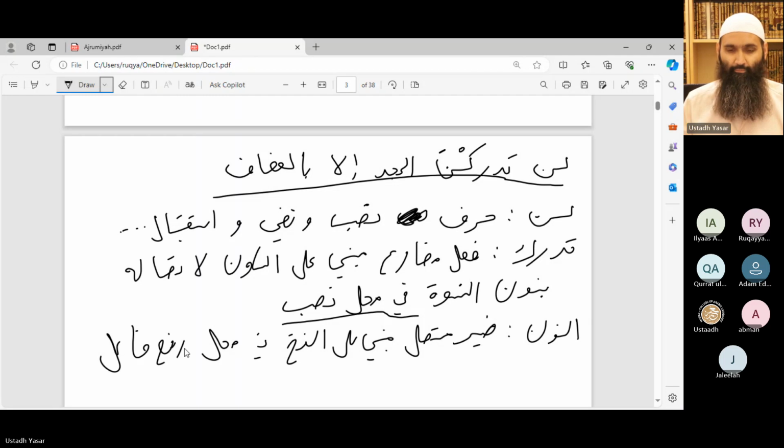The noon here, the noon niswa, it is the fa'il. Damirun muttasilun mabniyun ala al-fath, as you can see. Fi mahalli raf'in fa'il. Al-majda is easy, is maf'ulun bihi. Maf'ulun bihi mansub, of course.